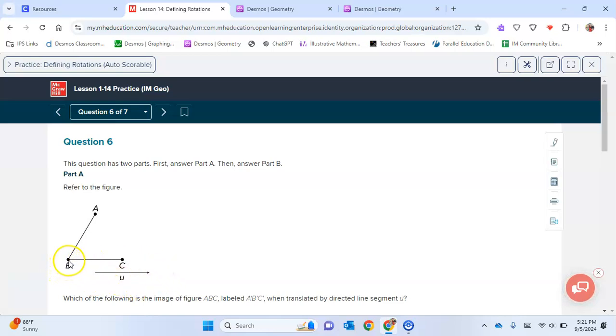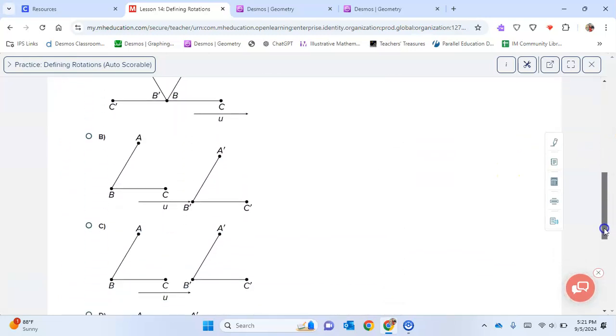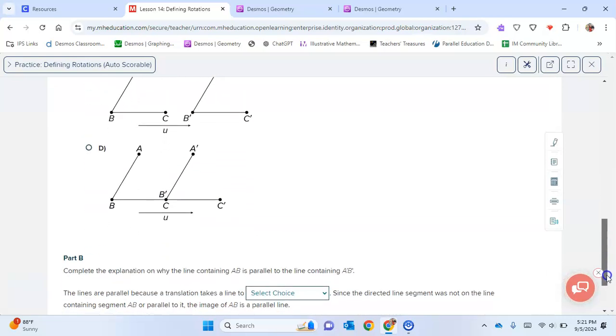So B prime will be right here, and C prime will be right here, and A prime will be right here, and this segment will be parallel to this segment, B prime A prime. All right, so it's this one, right? So everything gets moved right the same amount.